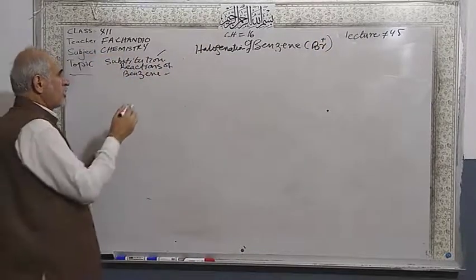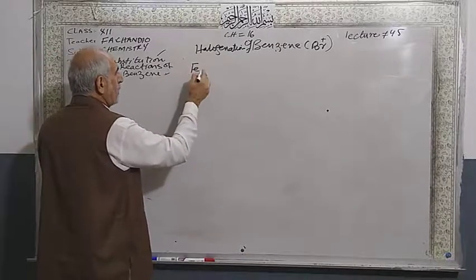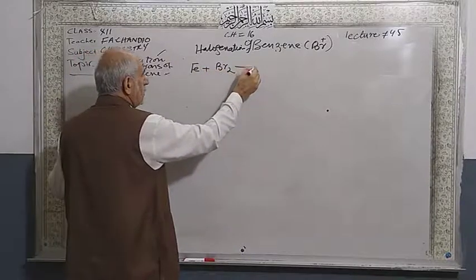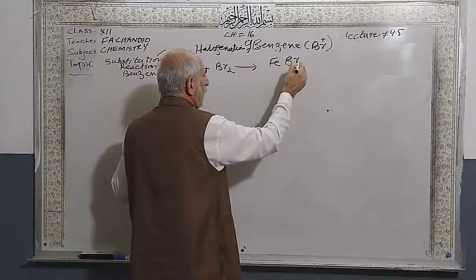So dear students, first of all you have to form a catalyst: iron and bromine give ferric bromide, which is a catalyst.